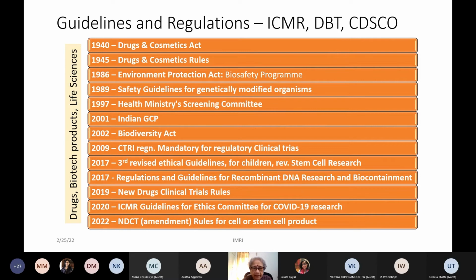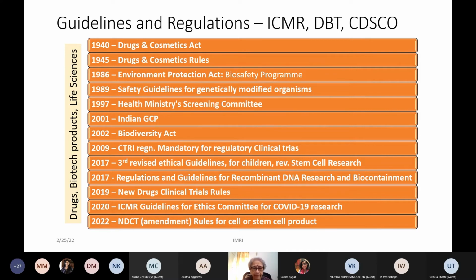And in 2017, we have had the third revision of ethical guidelines for humans, for children, and the revised stem cell research guidelines. Same year, we have the regulations and guidelines for recombinant DNA research and biocontainment, where a whole lot of requirements have been described, including the import and export of these products.